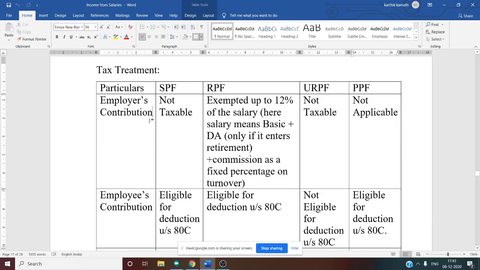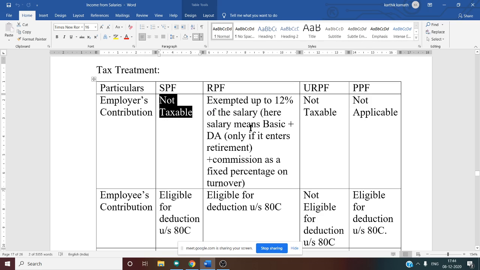So now we will see, under particular columns, first one, employer's contribution. Under which type of fund it is taxable and under which type of fund it is exempt, we have to see. First one, employer's contribution to statutory provident fund, that is not taxable.